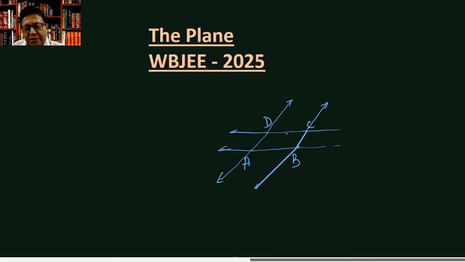A plane is a surface which can be extended in any direction, but the thickness of the plane will be equal to 0.